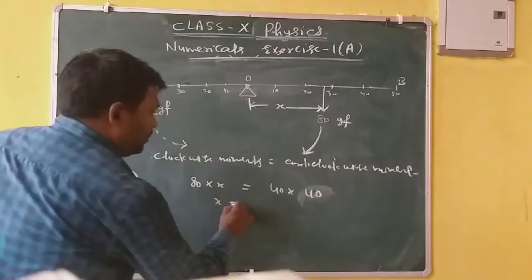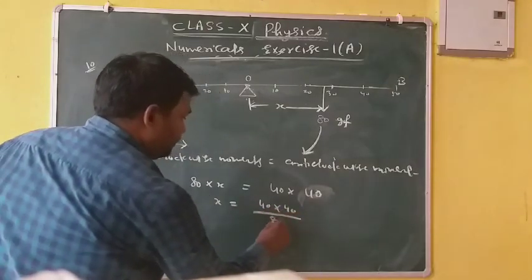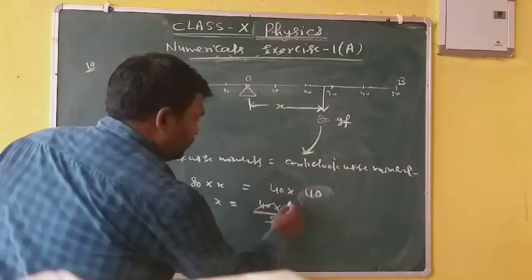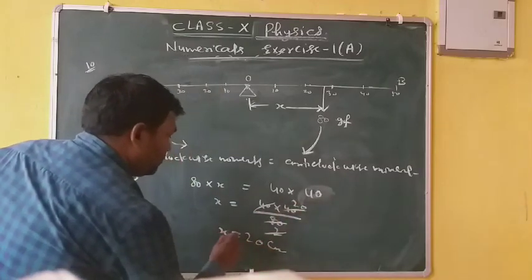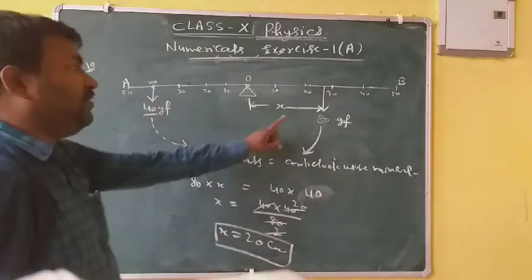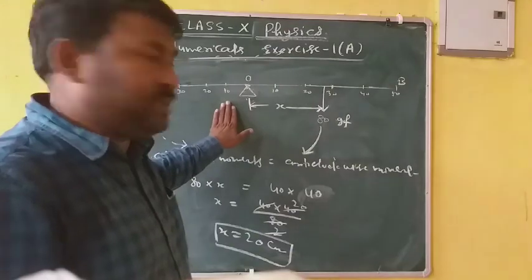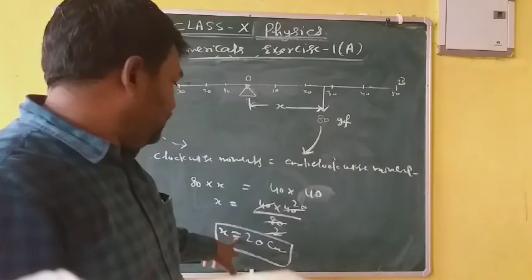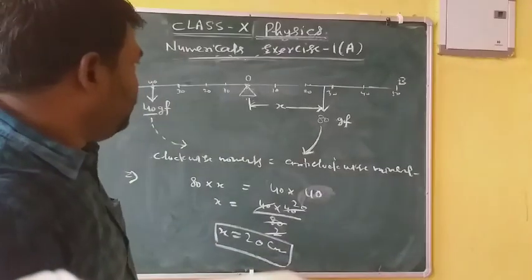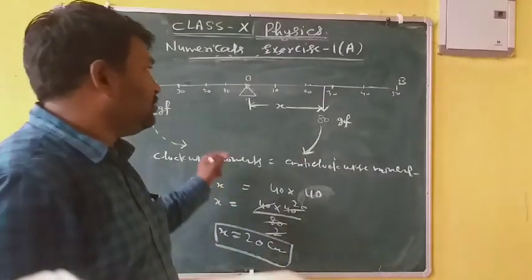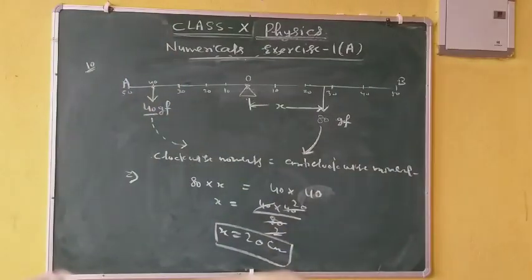That's why x is equal to 40 into 40 upon 80, which is 20 centimeter. So this 80 gram force must be right of the supported point O, at 20 centimeter. This is your answer. Some more numericals I will try to solve in the next lecture. Thank you.